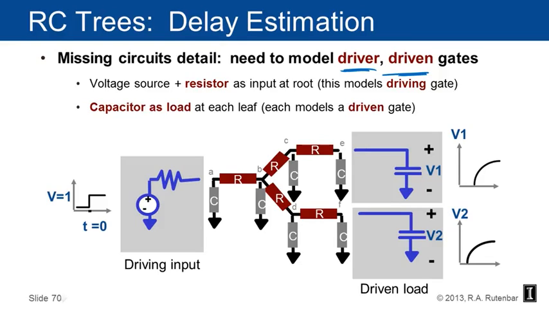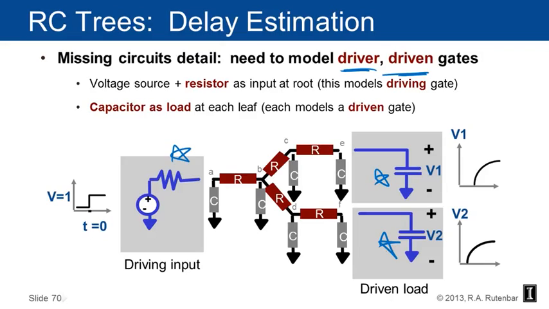You still need to model the gate that drives the wire, that's the driving input, and that turns out to be modeled as basically a battery, a voltage source that turns on at time 0 with a voltage of 1 through a driving resistance. I'm just going to put a star by the resistance. And you have to model the gates that are being driven, and each of those things actually just gets modeled as a capacitor.